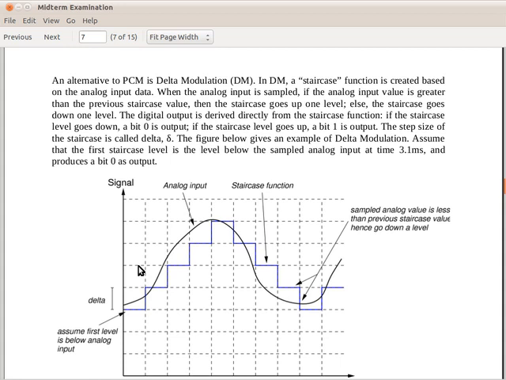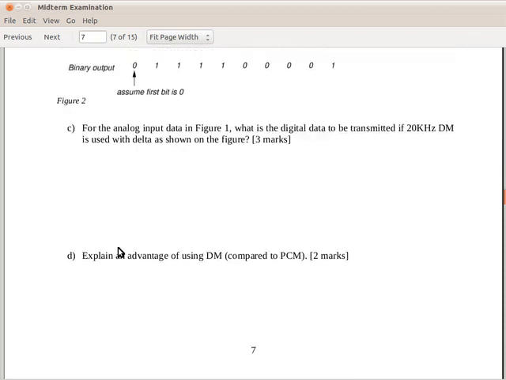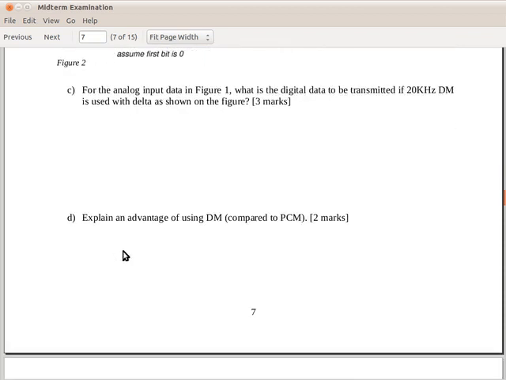At the next sample point, this point is above us, so we go up. And if at this point the input is below the current level, we go down. So we're trying to follow the input analog and produce an output digital signal, or output digital data. But that's all described there. And then from that, work out or answer some questions.